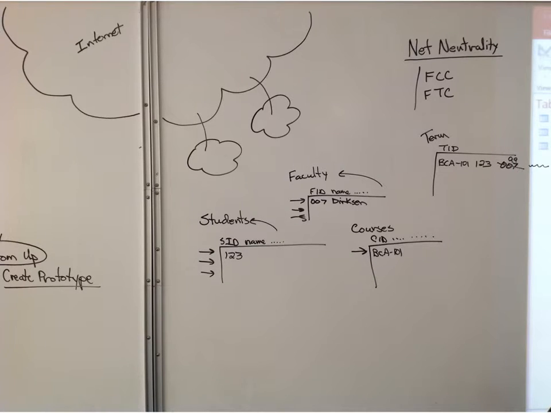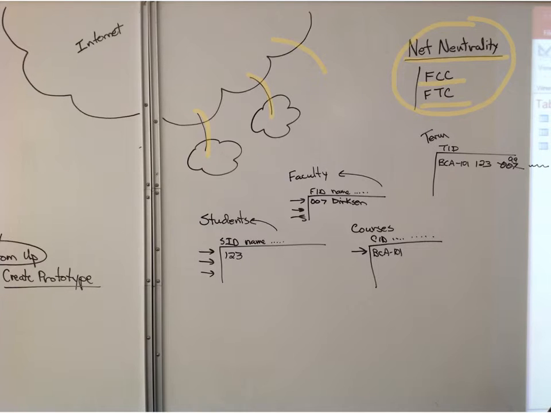All right, we did a little work here with some tables. So let me talk through this briefly. At the beginning of class, I'll mention this right now, we talked about net neutrality, FCC, and the FTC. Two key parts of net neutrality. Everybody's access to the internet should be equal.